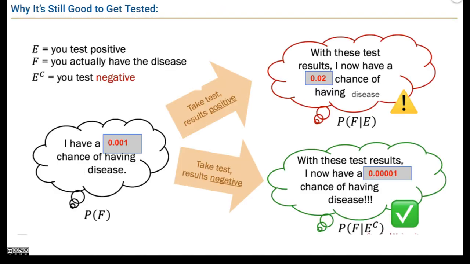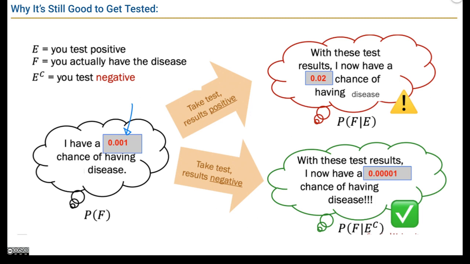Okay, so then you may say, well, why even test at all? This seems crazy. Well, I want you to realize what we started out with before we tested is you had a 1 in 1,000 chance of having the disease. Now when you take the test and the results are positive, well, now you know you have a 0.02 chance of having the disease.